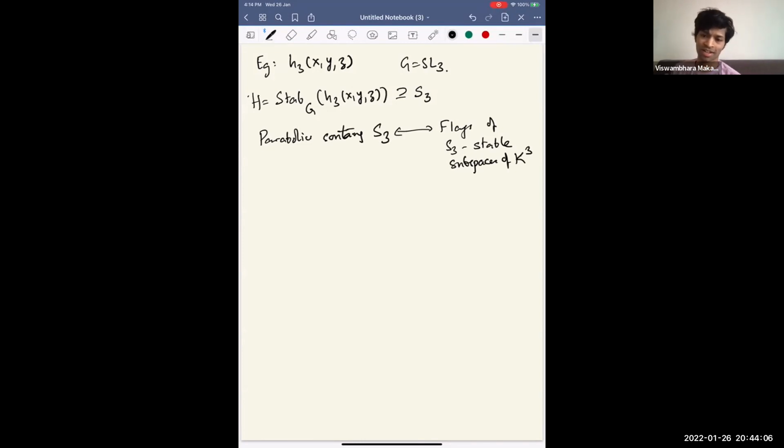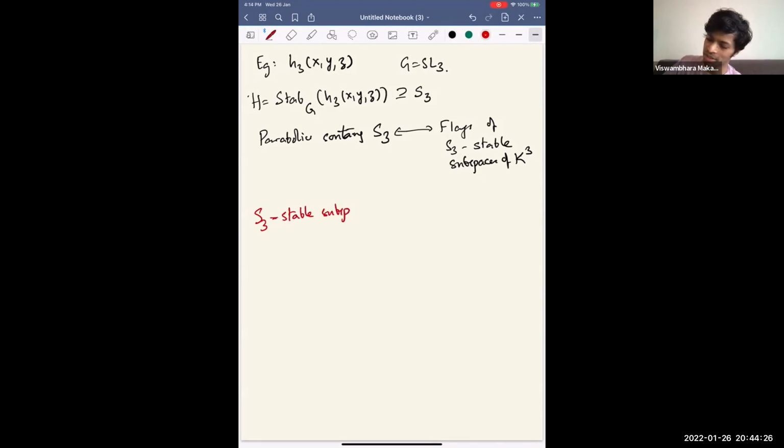Now if you've ever taken a course in representation theory, you know very quickly what the stable subspaces are here. I'm again going to point out there's going to be a little bit of a difference between characteristic 0 and characteristic P, but actually you can just do this by hand and I will tell you what the answer is, and you can just do it as an exercise.